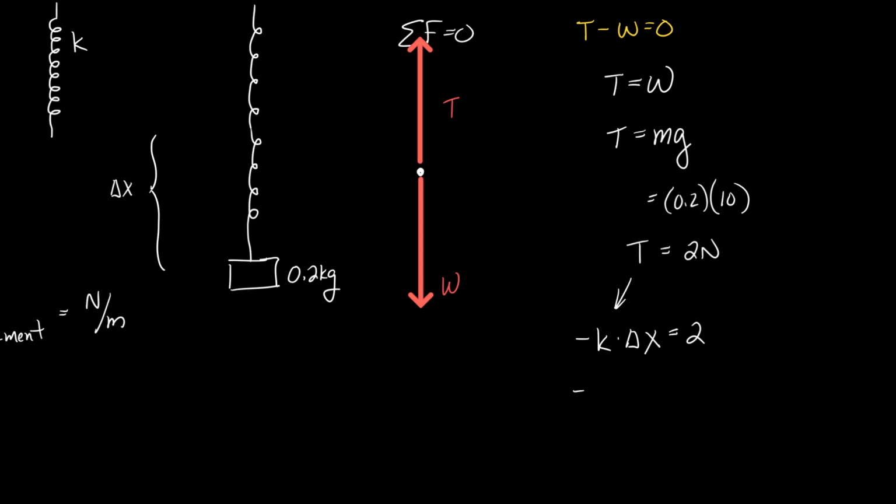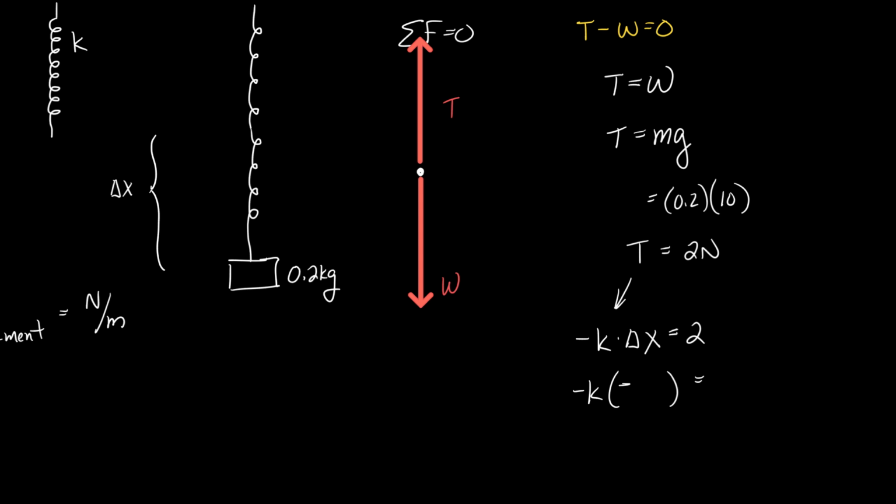I'm going to write this as minus k. Delta x is how far the spring was stretched and in what direction. What direction did the spring stretch out? Up or down? So I need to make that negative because it was stretched downwards and we made downwards negative.